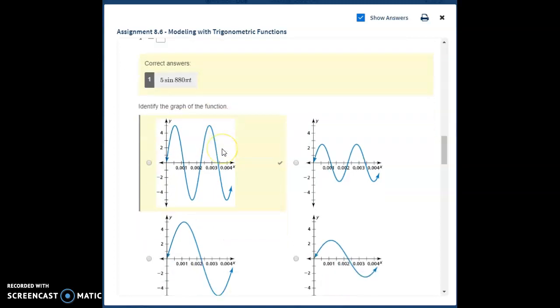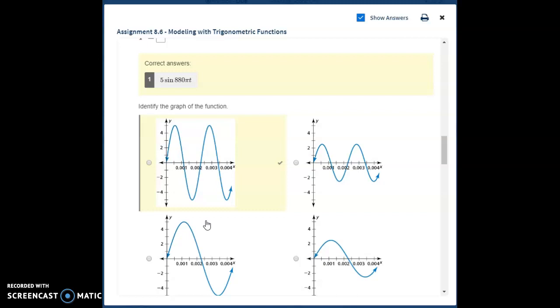Now to graph it, it's going to have a height of 5. So here we have a 5, there's a 2.5, so that's not quite enough. There's a 5, so it's going to be one of these two. And then do that same thing to find the period.